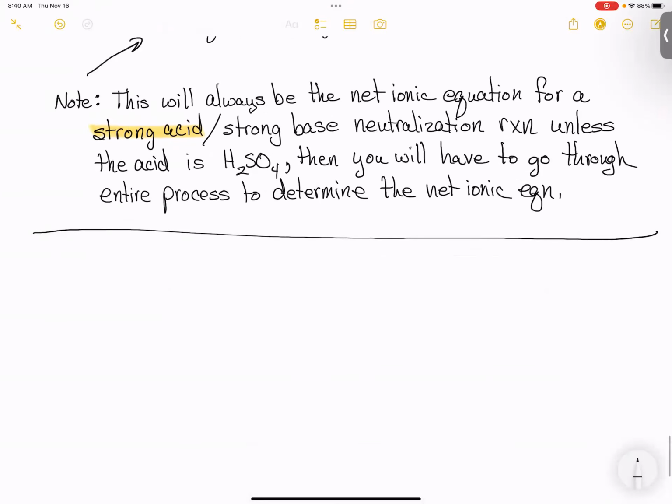Okay, so what we're going to do now is move into redox reactions.